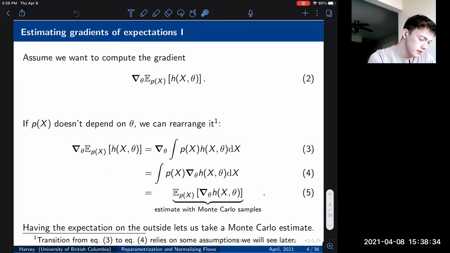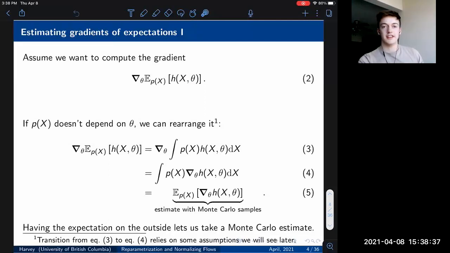First, we're going to look at the slightly easier scenario where p of x does not depend on theta. If this is the case, then we can do this bit of maths that we're coming to. We can just write out the expectation in terms of an integral, the integral of p of x times h. That's, I think, fairly straightforward.